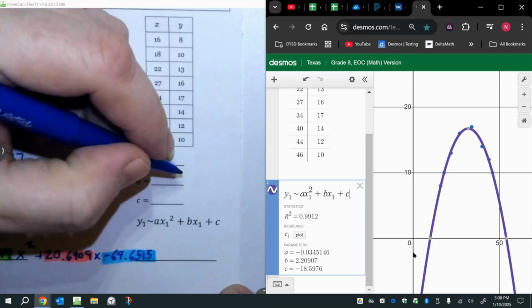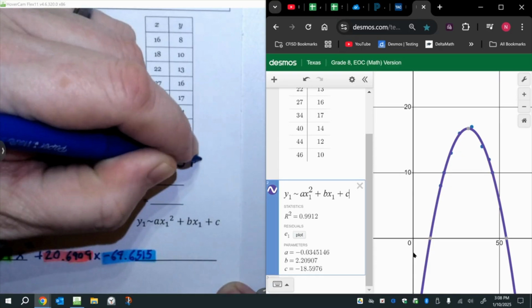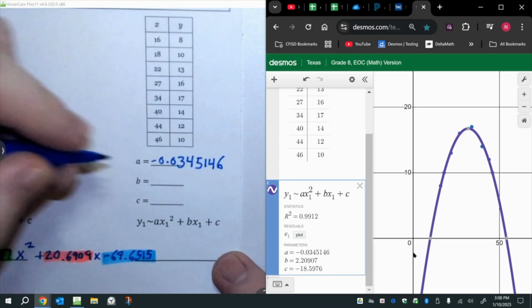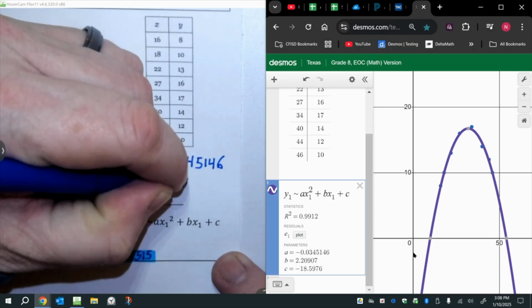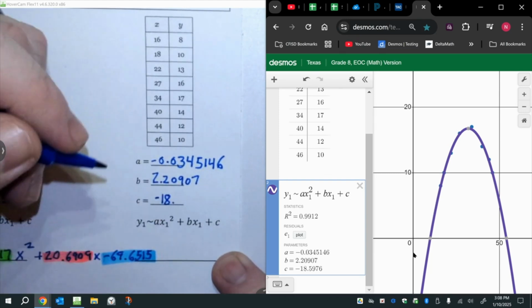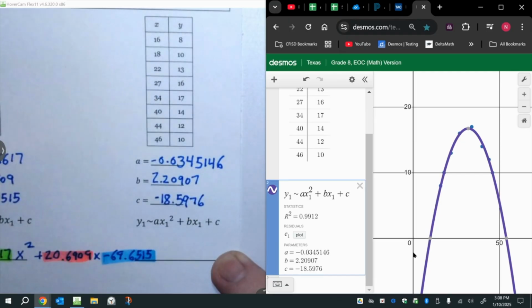So we have negative 0.0345146. Again, I'm just writing all the numbers right now. 2.20907 and negative 18.5976.